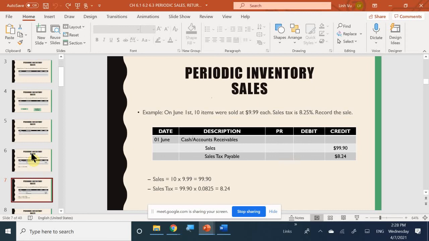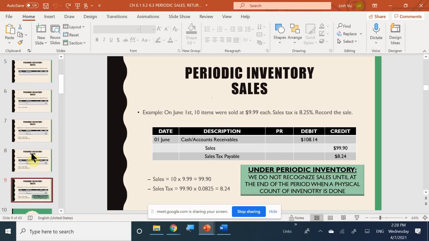So therefore, I'm going to be receiving the full cash of $108.14. With this kind of idea here, we're recognizing that my total cash received was $108.14.